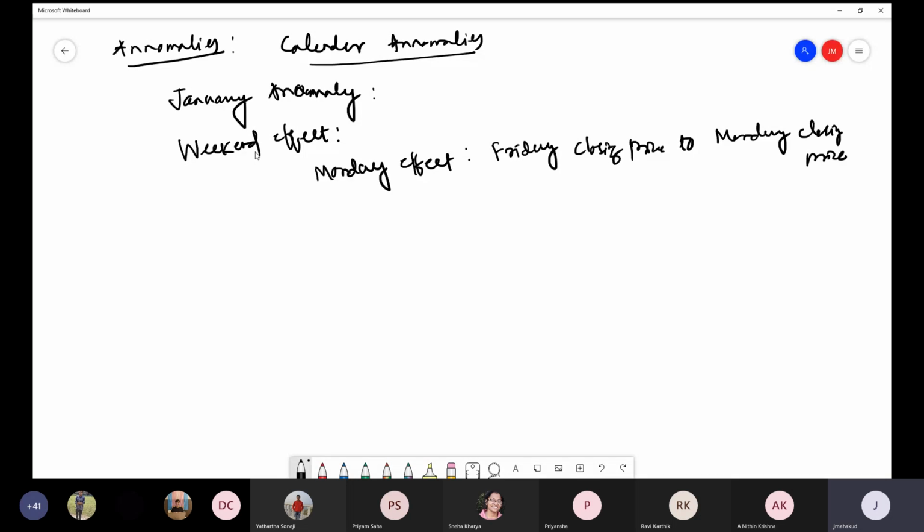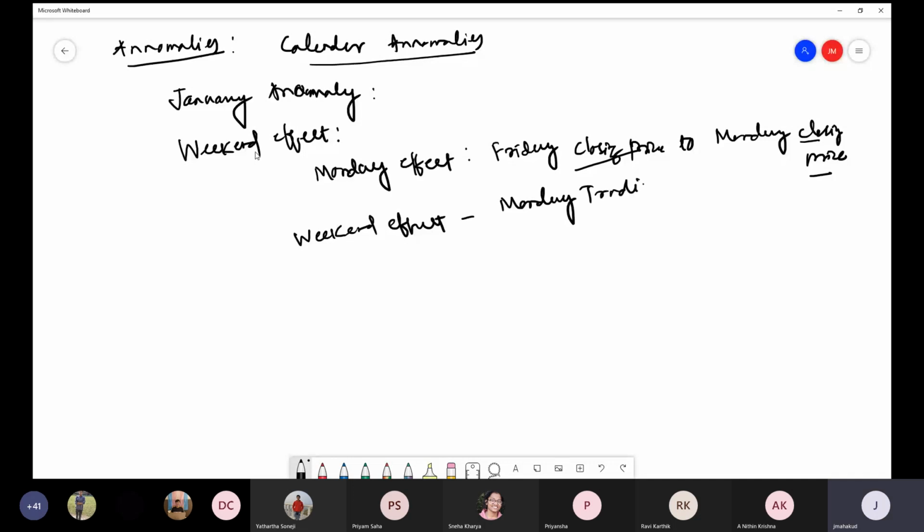The Monday effect is decomposed into two parts. The Monday effect is typically measured from Friday closing price to Monday closing price. That has been divided into two parts. One is your weekend effect, and the other one is the Monday trading effect.